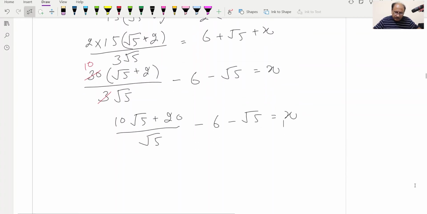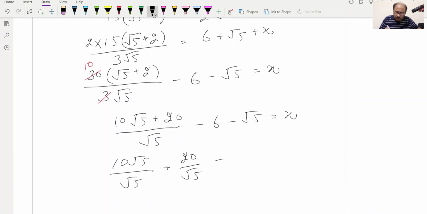And further we can basically rewrite it as 10 under root 5 over under root 5 plus 20 over under root 5 minus 6 minus under root 5 is equal to x.